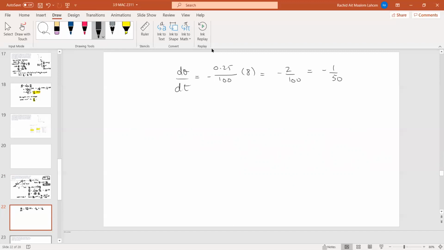So we write it again, the rate of change of angle is negative 1 over 50 radian per second.